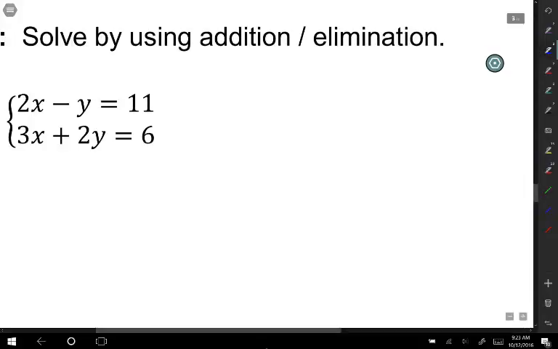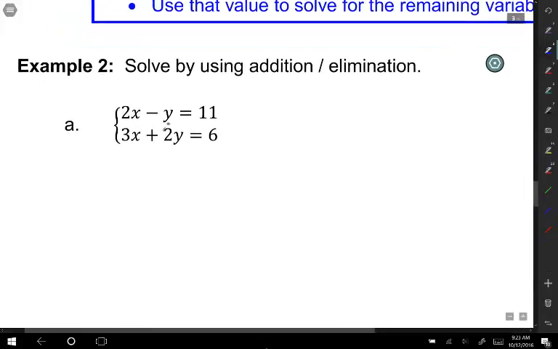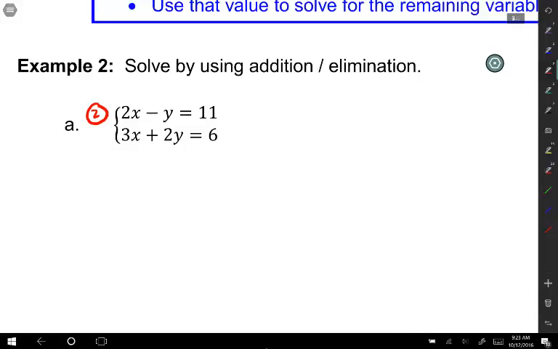So look at this vertically right now. 2x plus 3x doesn't drop out, and -y plus 2y doesn't drop out. But if this -y right here was -2y, then when we added them vertically, wouldn't it knock out? So what I'm going to do is write a little scalar of 2 out to the side. And that's my multiplier. Okay?